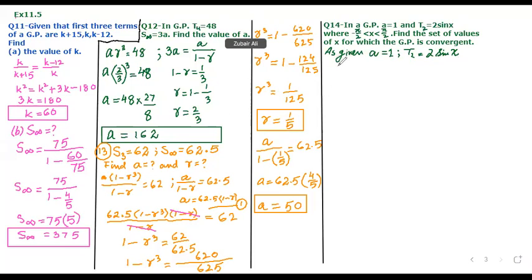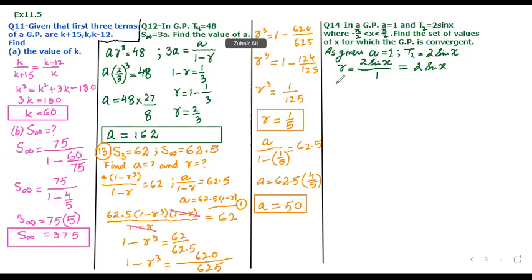So at first we should find the common ratio, which can be found by dividing the second term by the first term. So this is coming out as 2 sin x. So we have to find the set of values of x for which the GP is convergent.